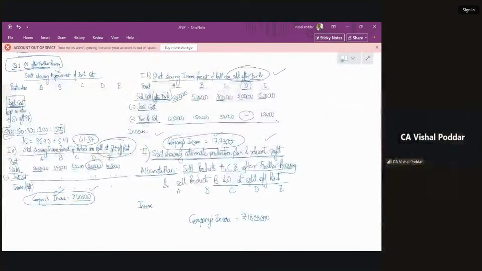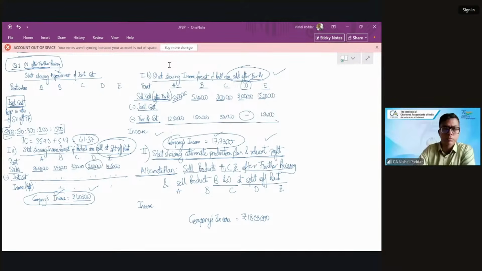Answers, beta? So the figures which I'm getting from so many answers, I'll just put down the figures.